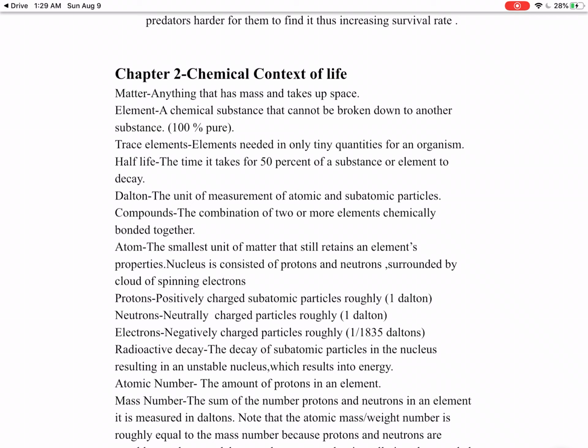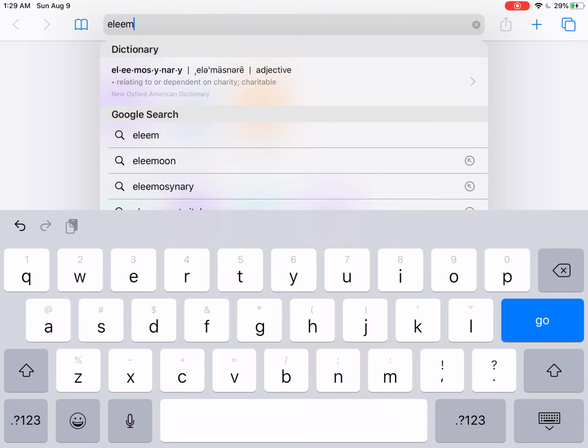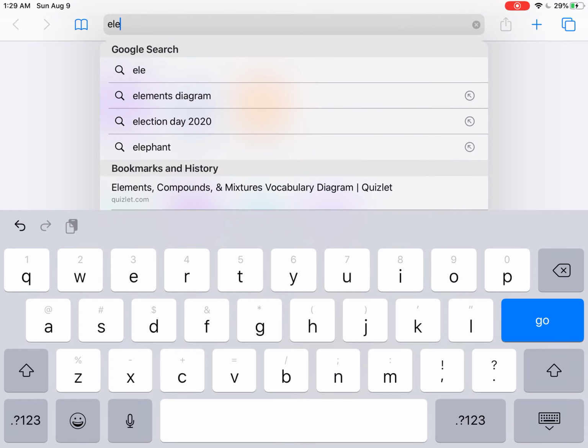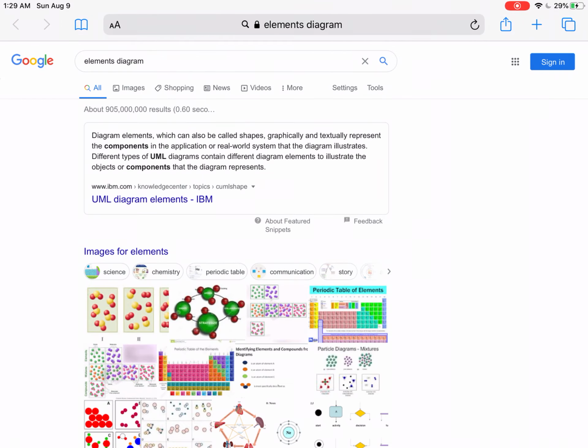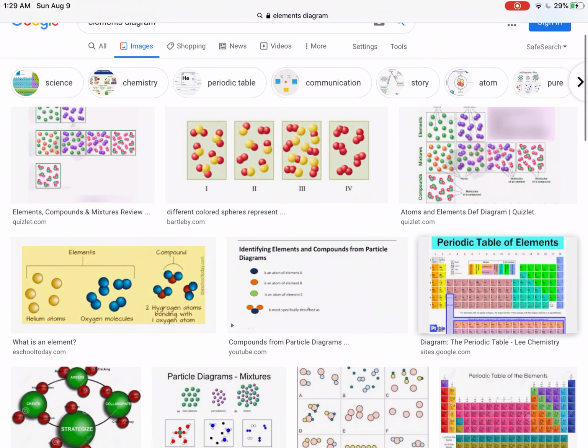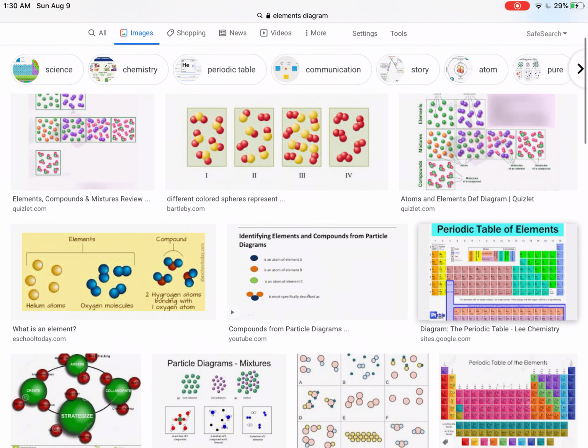So I will show you a picture of each thing that we discussed. Let's go on Safari and see if we can find any good elements diagram.